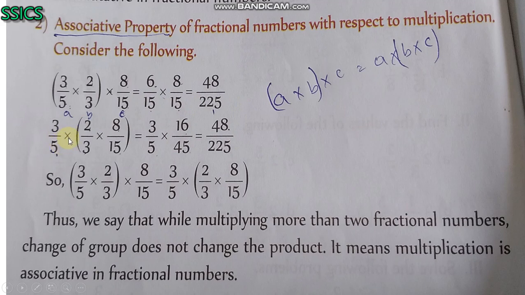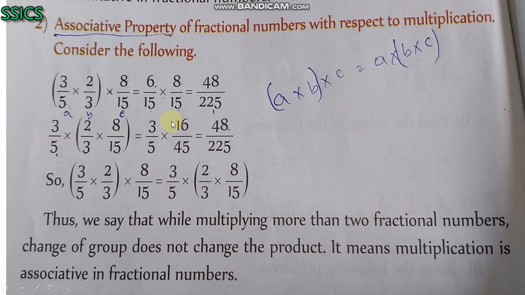Next, in this case, 3 by 5 is left as it is. Here we left 8 by 15, which is C. In the same way, leaving 3 by 5, which is A, we have to group B and C. Grouping means putting a bracket. So B is 2 by 3 into C is 8 by 15.